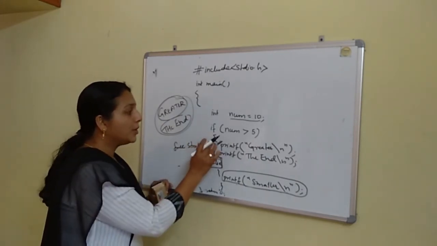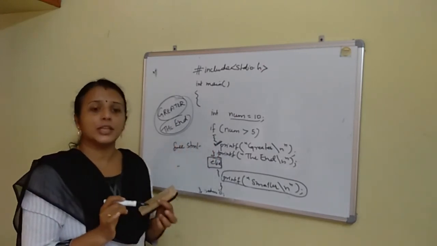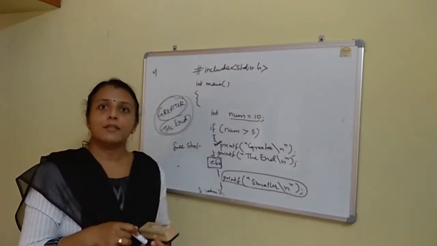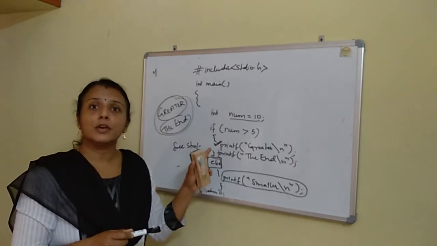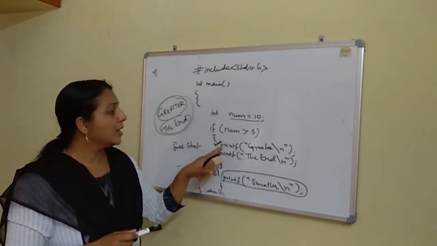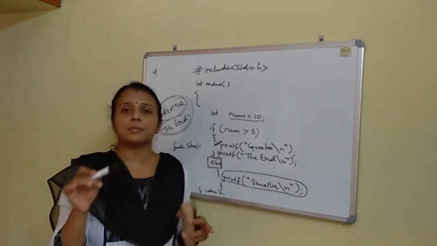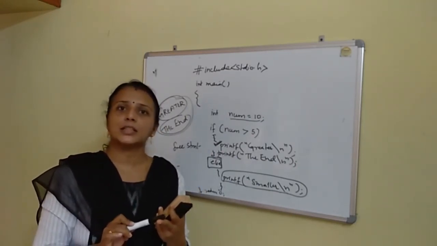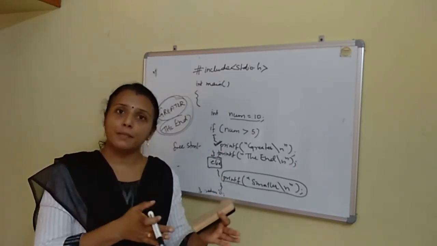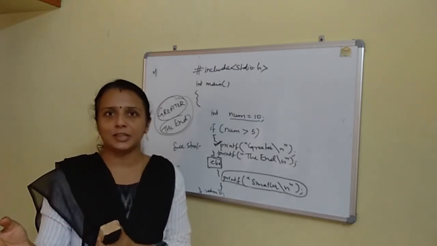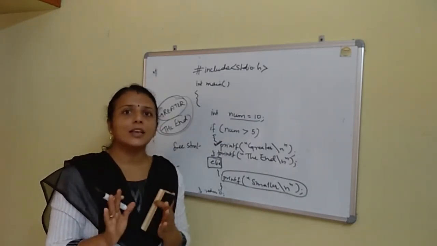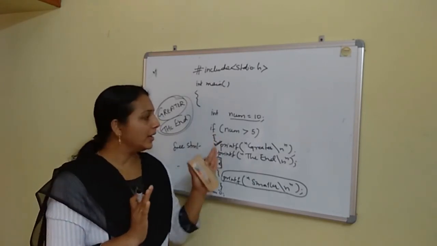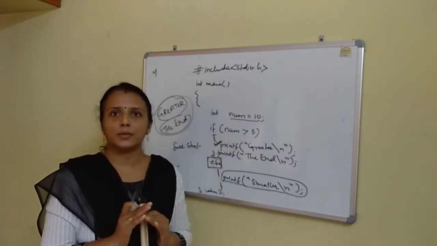But when you are not putting braces, you have to take care of all these things. When you are not putting braces for the blocks, the first immediate statement after the if will get executed as part of the if block, and after the else as part of the else block, respectively. So you have to remember this while using an if else block.